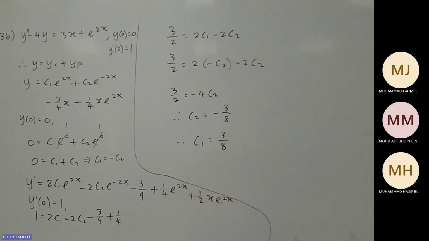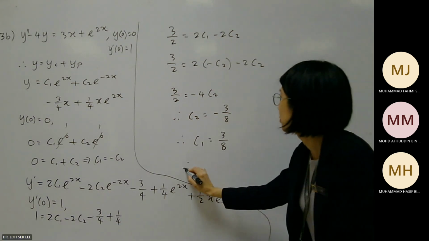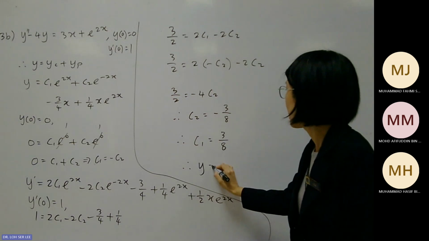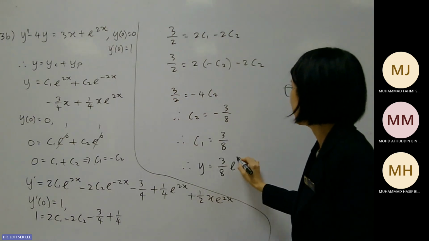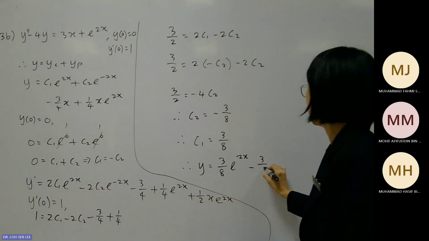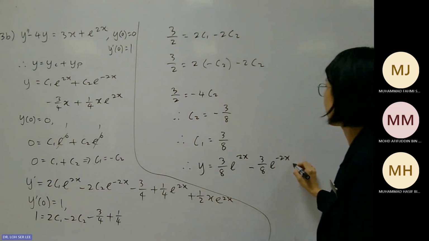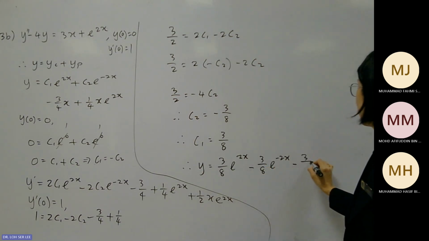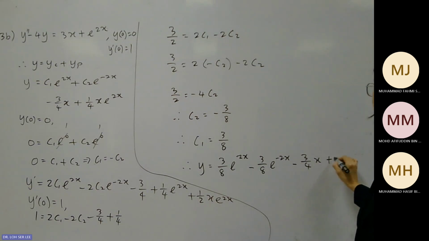Then substitute c1 and c2 into your y to get the final solution. y is 3 over 8 e^2x minus 3 over 8 e^negative 2x minus 3 over 4 x plus 1 over 4 x e^2x.